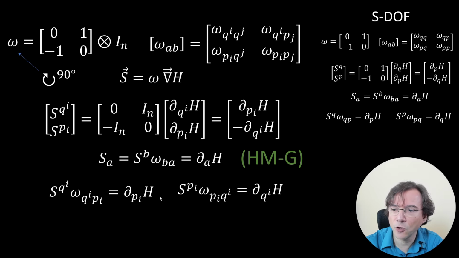And you can verify that this is the same. You're going to get the same equations because these are the only terms that are non-zero, and therefore the Qi is going to be mapped to a Pi, and the Pi is going to map to a Qi. But this element here is going to get a minus sign, and so you get this minus sign.